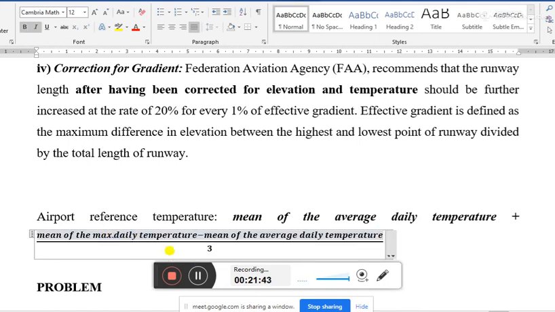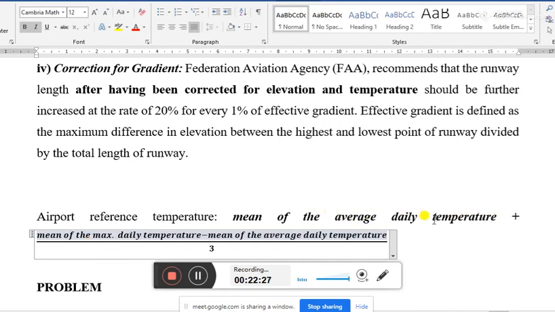For all these things you have to have the temperature data for a specific time span. Mean average daily temperature means you take some values of average daily temperature and make the mean of all the data. Mean of maximum daily temperature means you take some maximum daily temperatures and make the mean.